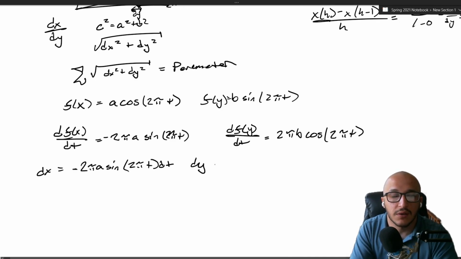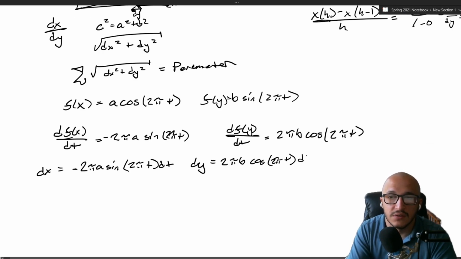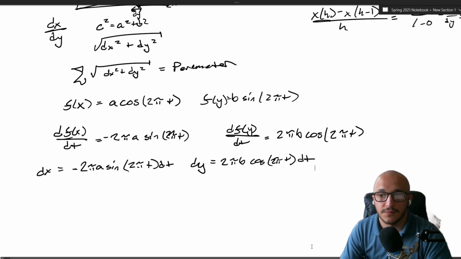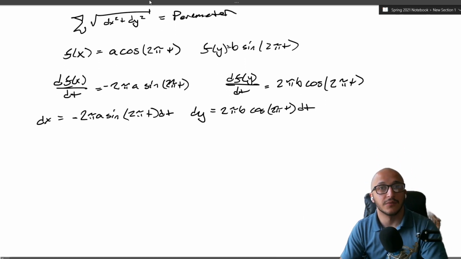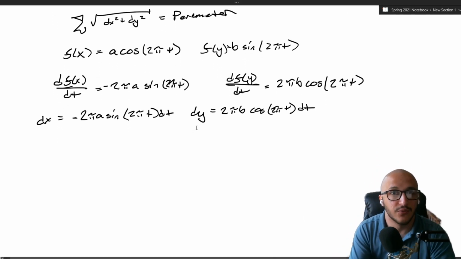Then dy equals 2 pi times b times cosine of 2 pi t dt. Now we can get somewhere.